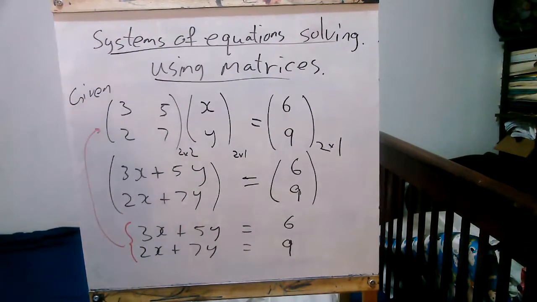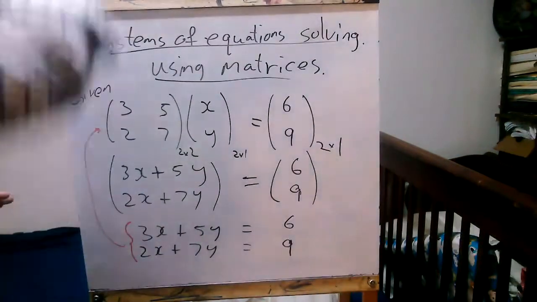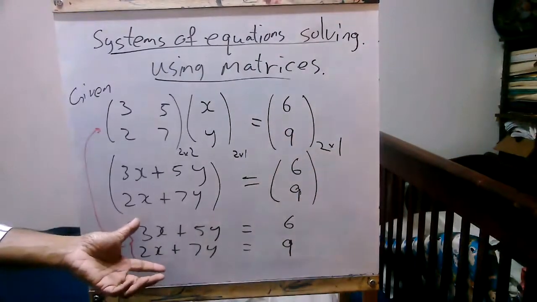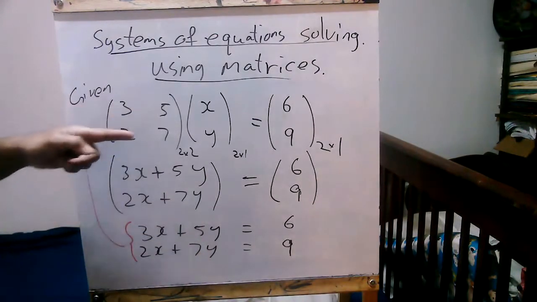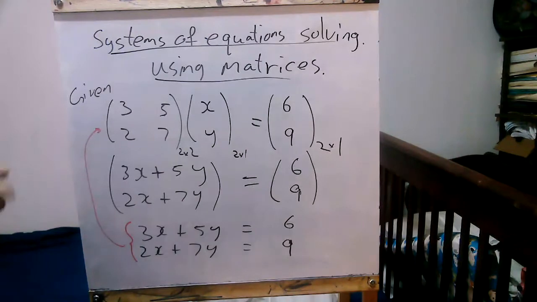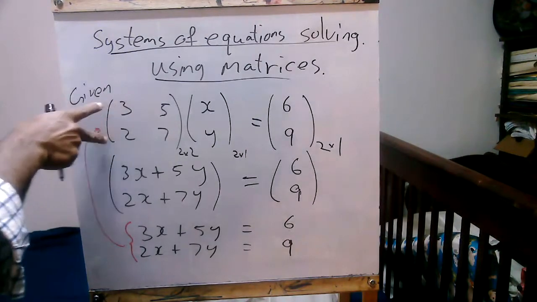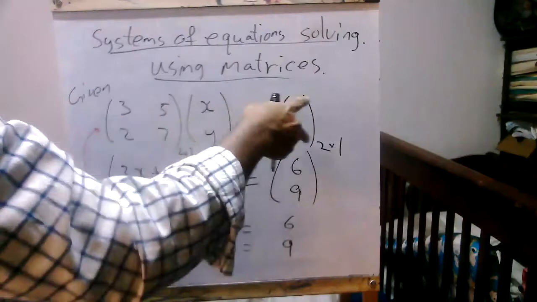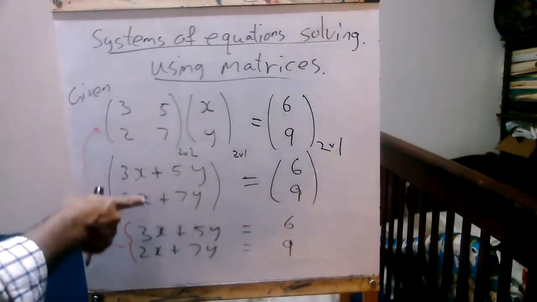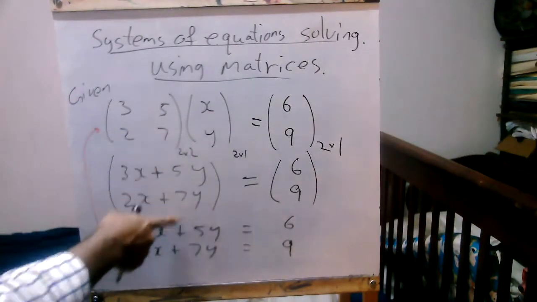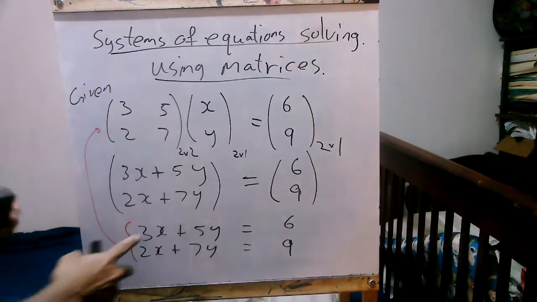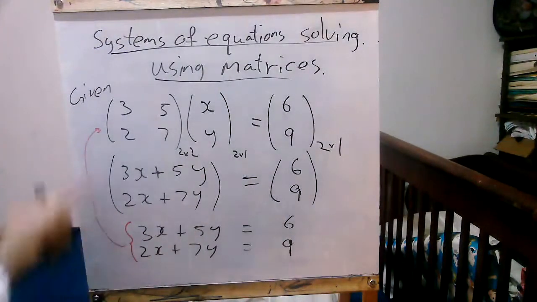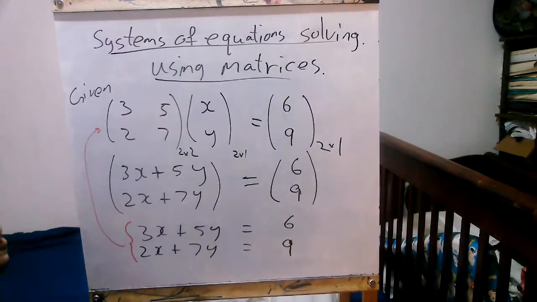Okay, let's get a simple example. What we're going to do is take a system of equations and convert that into matrix form. We can do that because we saw that when we have this type of matrix equation and do multiplication, we end up getting a system of equations. That means when we have a system of equations, we can write it in matrix form.